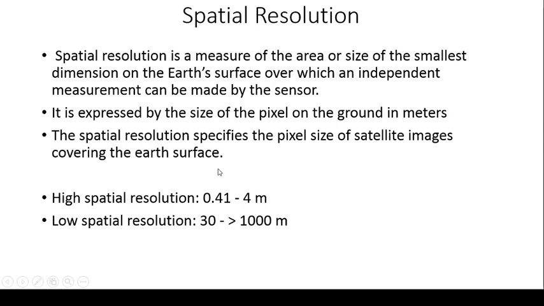So these are the classifications of spatial resolution, that is high and low. High spatial resolution has more clarity, which shows a more precise and clear image of the smallest dimensions. And if we only have to classify land use or land cover, we can use low spatial resolution sensors which have 30 to 1000 meter resolution.